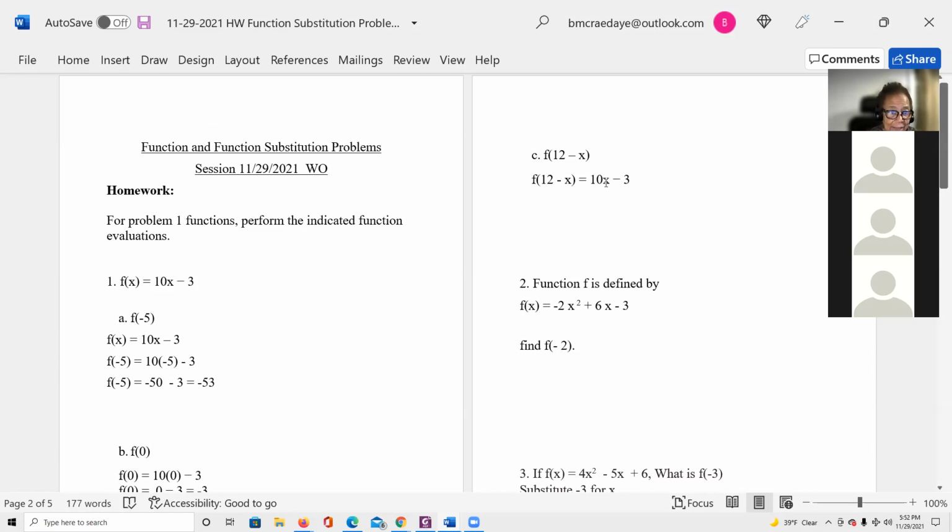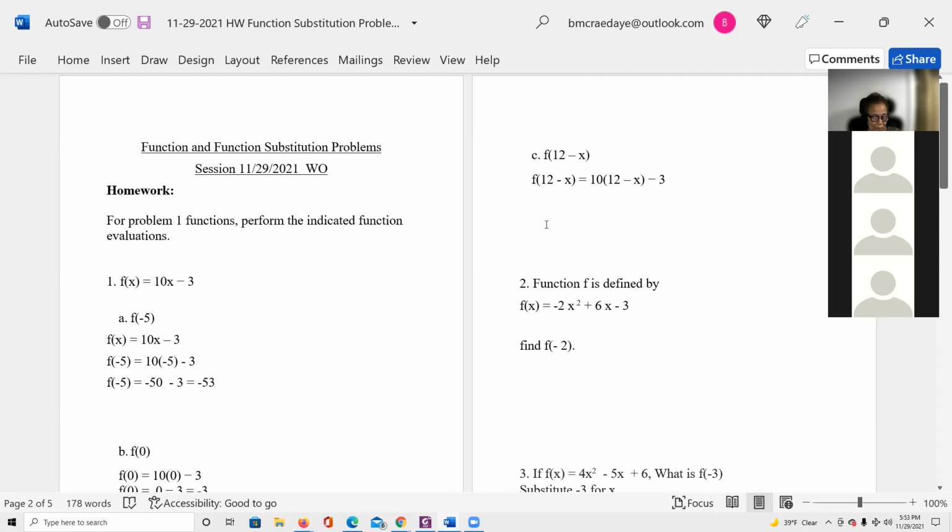Now, wherever we have an x, we want to put 12 minus x. So 10x, okay. And we have, of course, our minus 3 from our original equation. Now, what would that be equal to, Audrey?